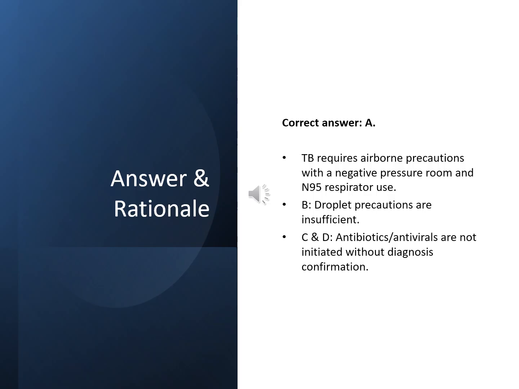Droplet precautions are not correct for TB isolation; that would be more appropriate for something like influenza. C and D are not appropriate because you don't know if there is a confirmed TB diagnosis, which would require medications, and antiviral medications are not appropriate without confirmation of diagnosis. So your best answer is A.